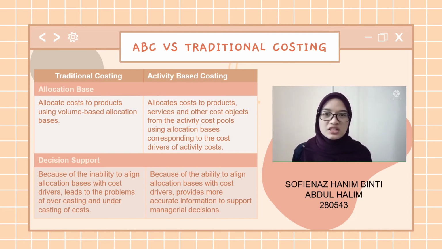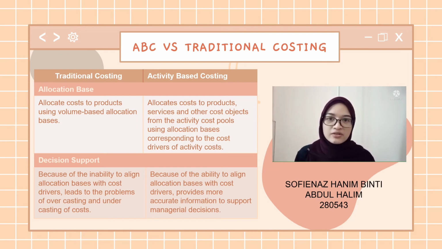First of all, traditional costing is the allocation of factory overhead to products based on the volume of production resources consumed. Meanwhile, ABC or activity-based costing is a costing system which focuses on activities performed to produce products. The allocation basis in the traditional system and the ABC system is different.